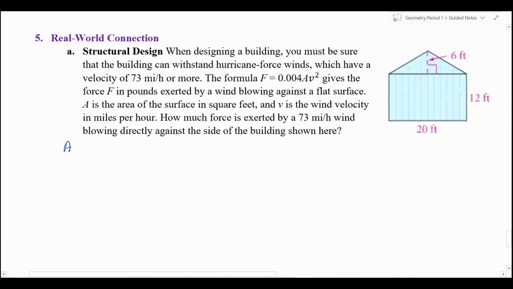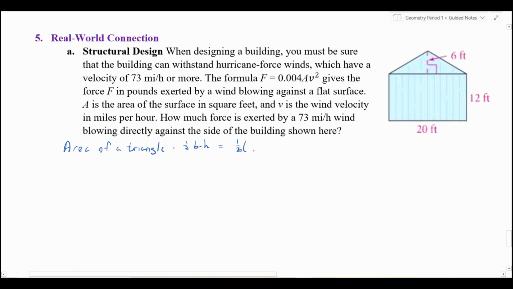The area of a triangle is 1/2 the base times height. In this particular case, we substitute here, and we have 1/2 times the base.